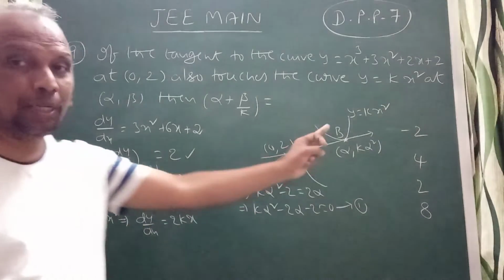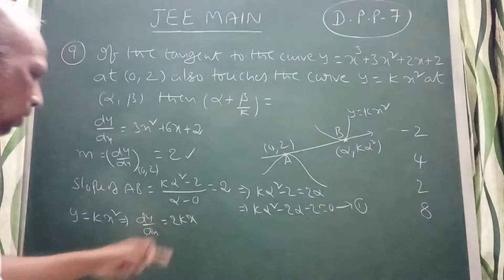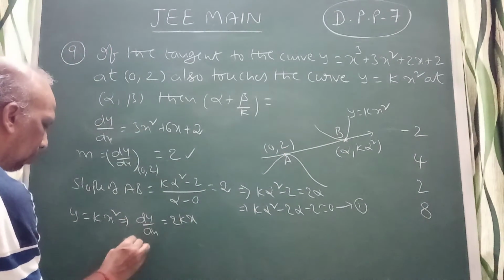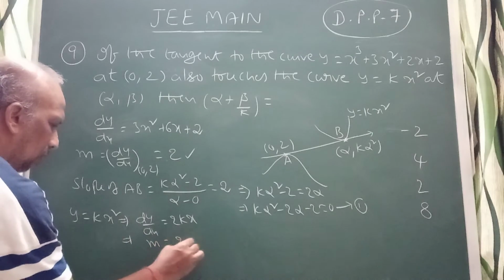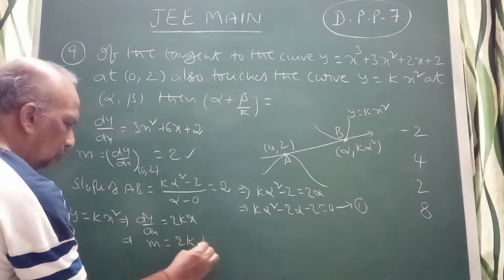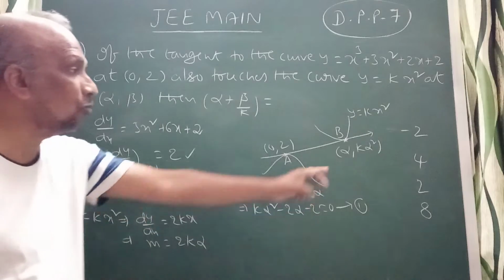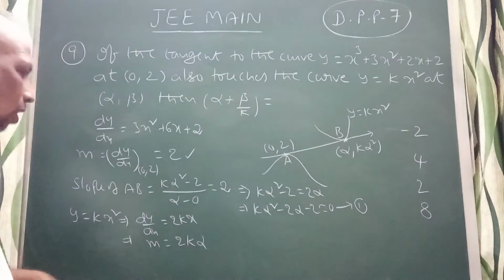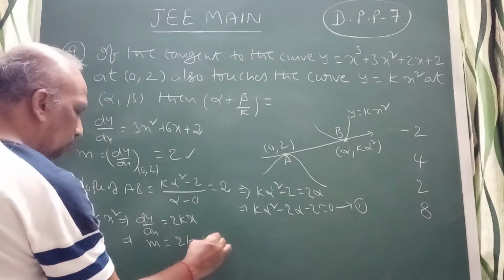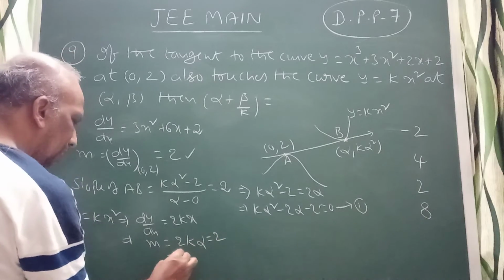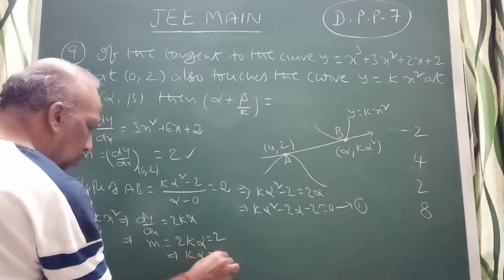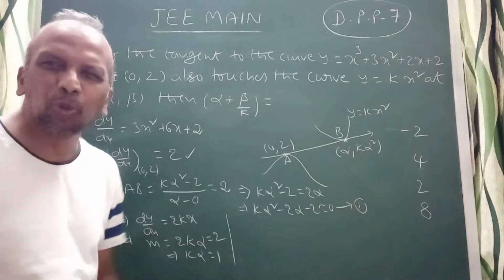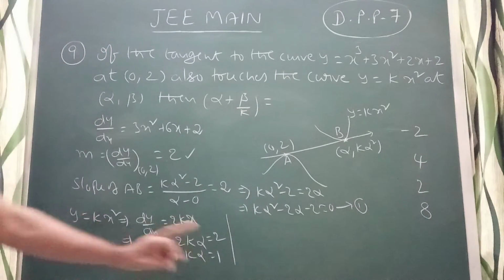At the point alpha, k alpha square, the slope m is equal to 2k alpha, but this is equal to 2. So from this I can write k alpha is equal to 1, because the slope will always be 2 only, right? I got k alpha is equal to 1.